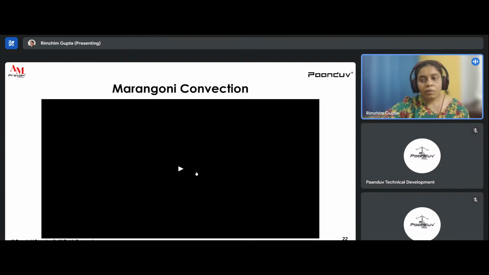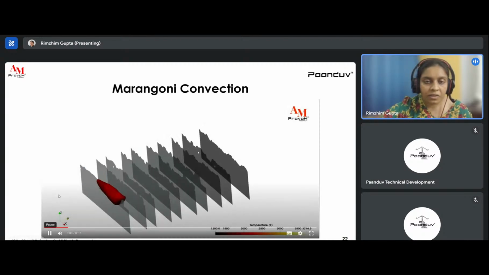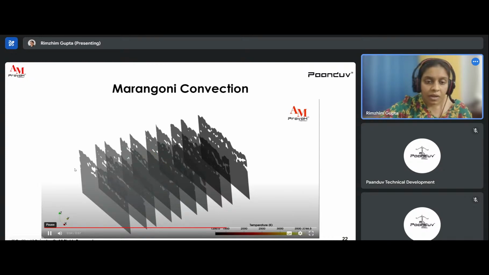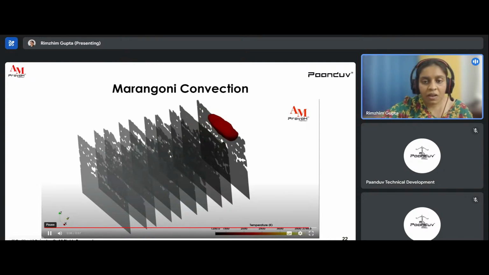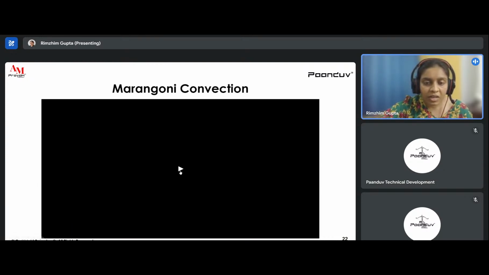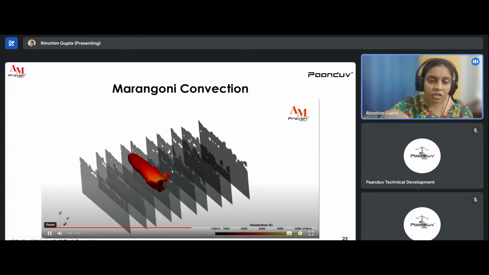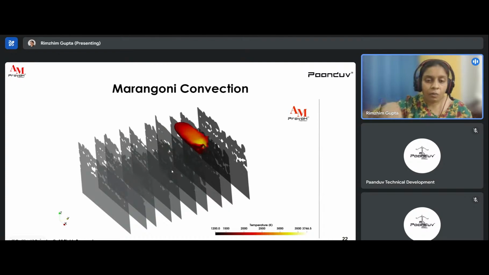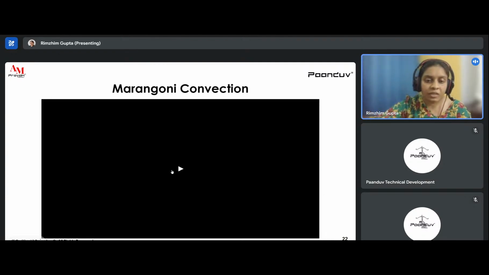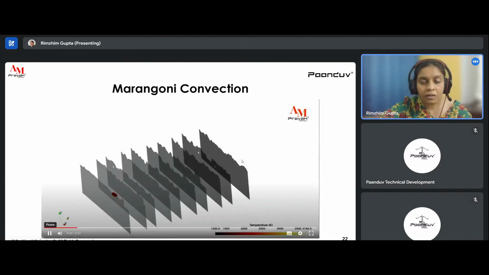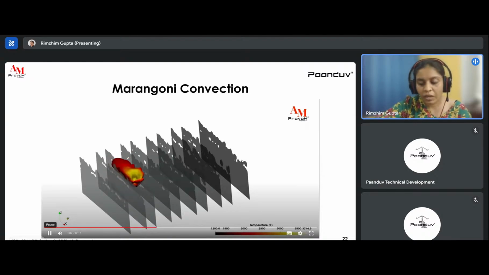But now let's see how visually these scans look. At each layer, we can see that the correct Marangoni convection is taken into place, because wherever there is a deeper penetration, the surrounding liquid is moving in the upward direction, and that indicates that the fluid is moving in the right direction.